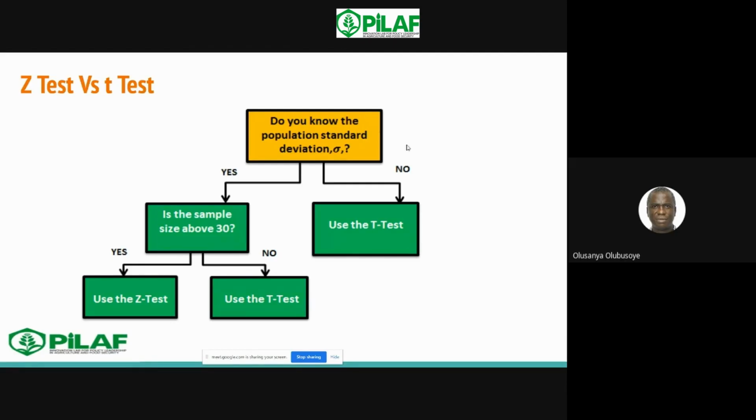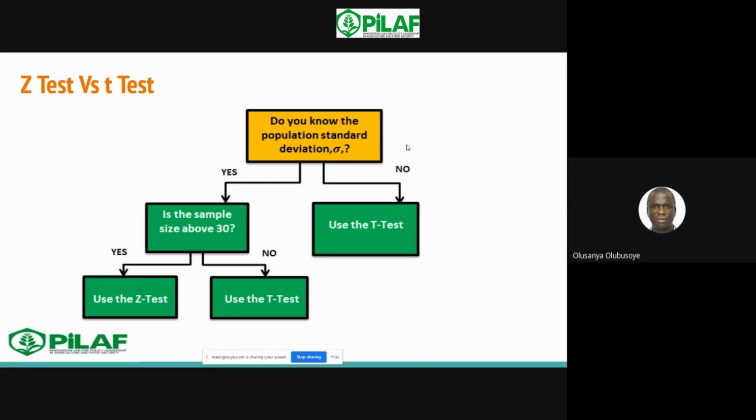So most often, you must know the standard deviation of the population before you can use the Z test, and the sample size also must be large, that is, greater than 30. So in most sensitive studies, where you cannot take large samples, you have no option but to use the t-test.